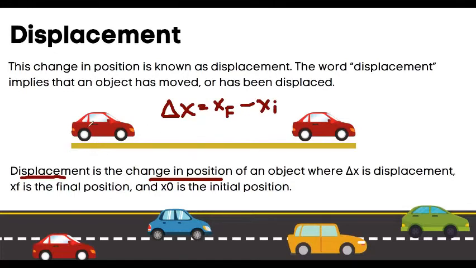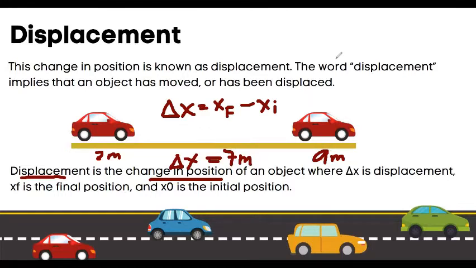So the final position, for example, of this car is 9 meters, and the initial position was 2 meters. So we can say the displacement of the red car is equal to 7 meters.